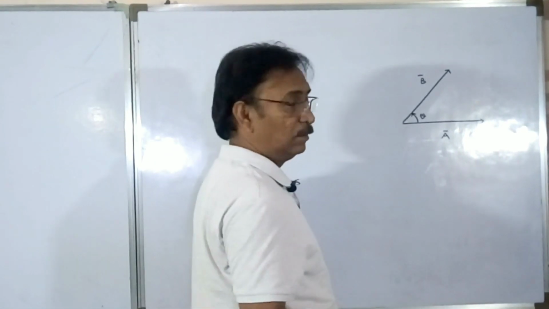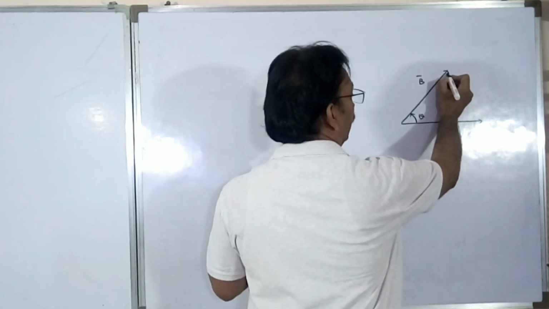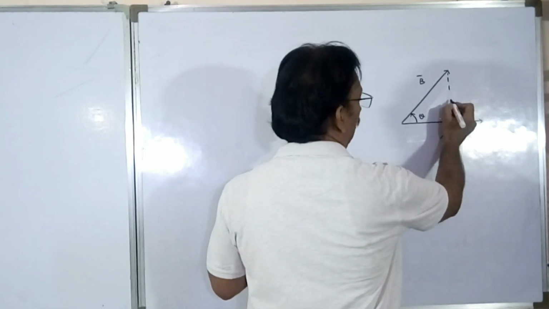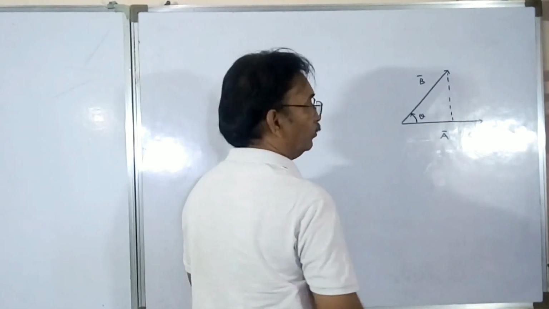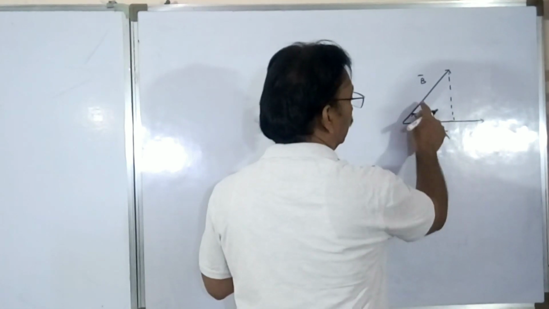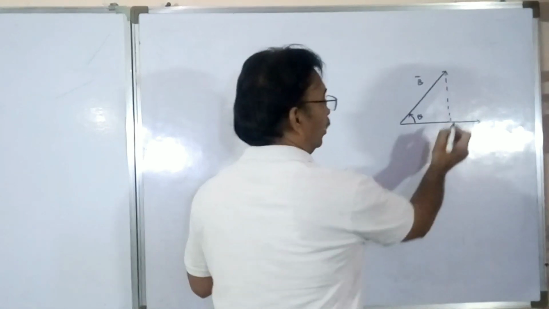It can be done easily: just drop a normal from the head of the second vector on the vector A. Here we are resolving the vector b bar into components.